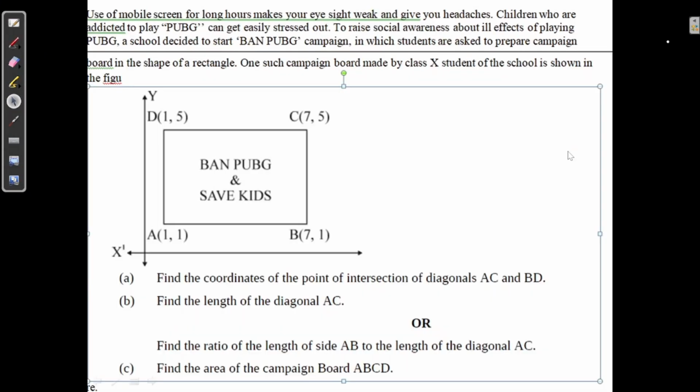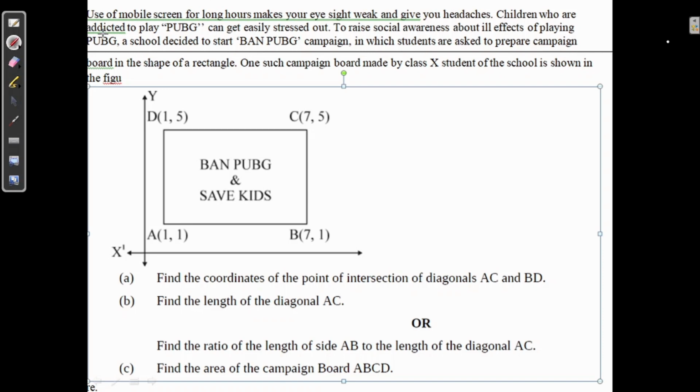Okay, so PUBG problem. This is last problem today we are going to see. Tomorrow we will see some more case-based problem from the chapter. So today you have to revise coordinate geometry chapter one more time in your home. So let us see this question.